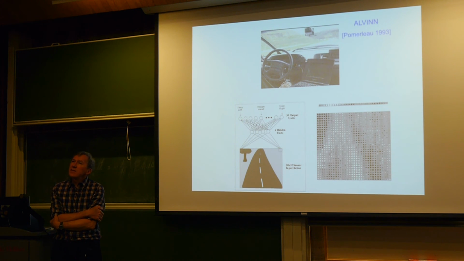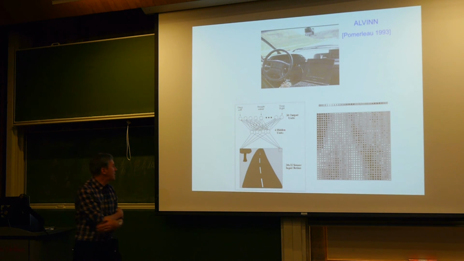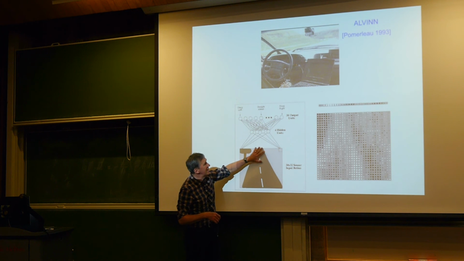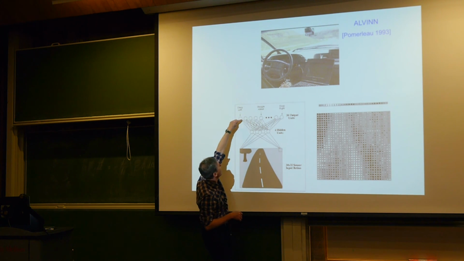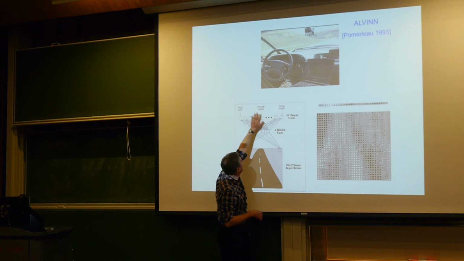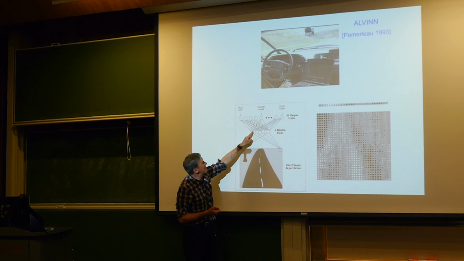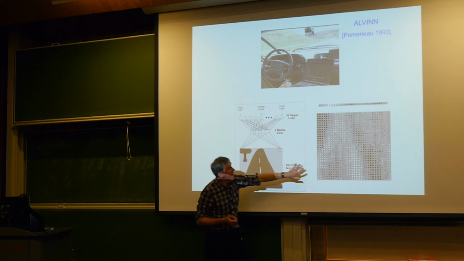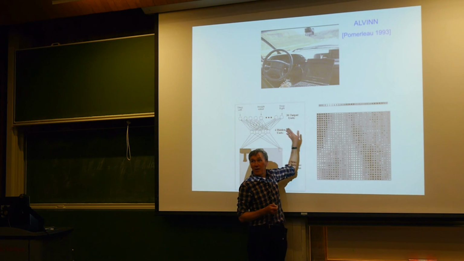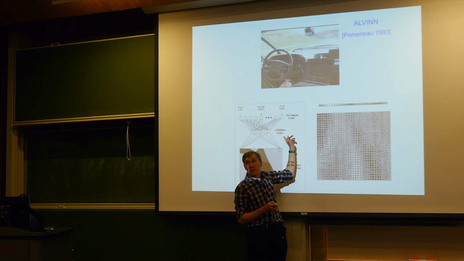What you're trying to learn is a function that will take any image as input and then output this kind of peaked value in the direction you should steer. And you have several different units to do this. Each of them actually has a different weight diagram. We're looking at the weights just for one of those 4 hidden units.